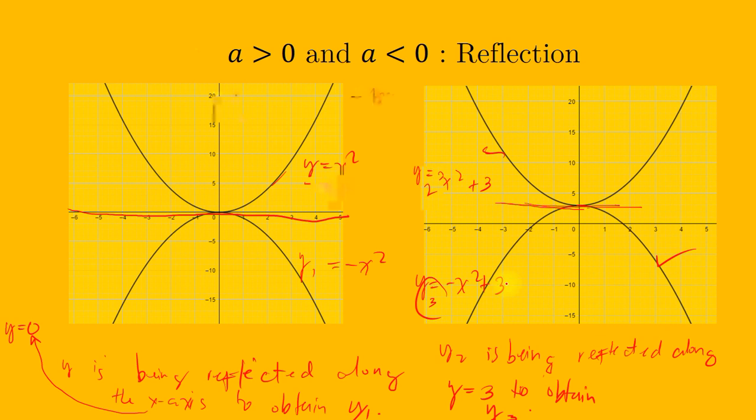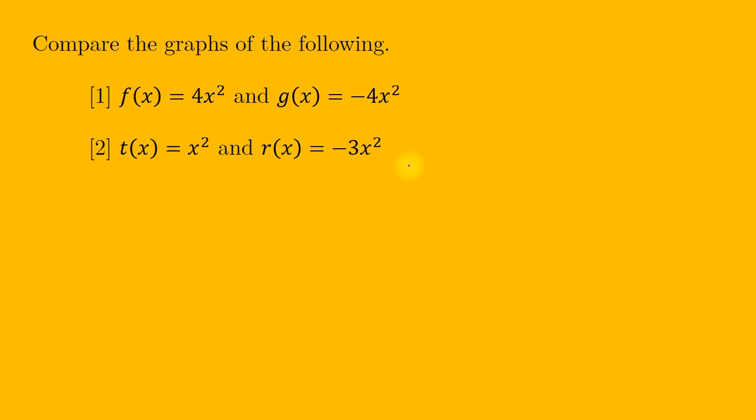So this one, okay, as you can see, from x squared it becomes 3x squared. Then there is a vertical scaling of a factor of 3, and there is reflection.